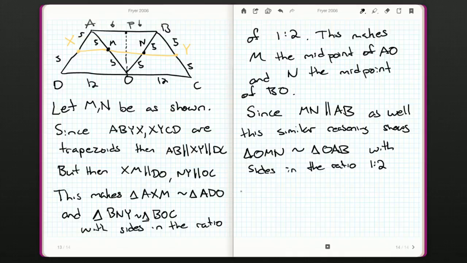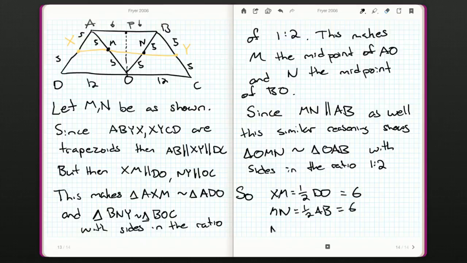So one thing we can notice is XM is going to be a half DO. So that's going to be 6. MN is going to be 1/2 of AB. So that's going to be a half of 12.